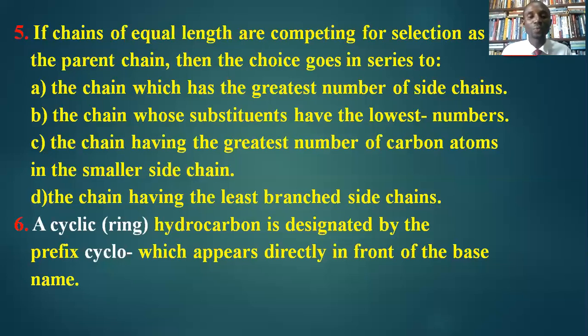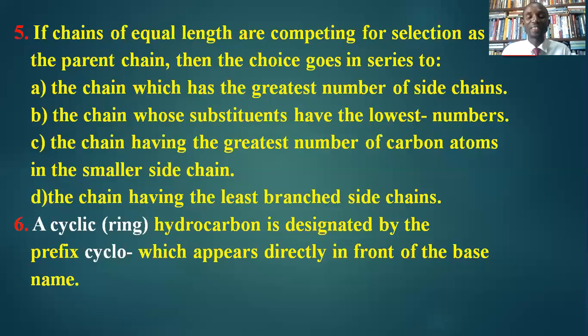Then number 2, the chain whose substituents have the lowest numbers. The next one is the chain having the greatest number of carbon atoms in the side chains. Then lastly, the chain having the least branched side chain. So you need to consider all this.